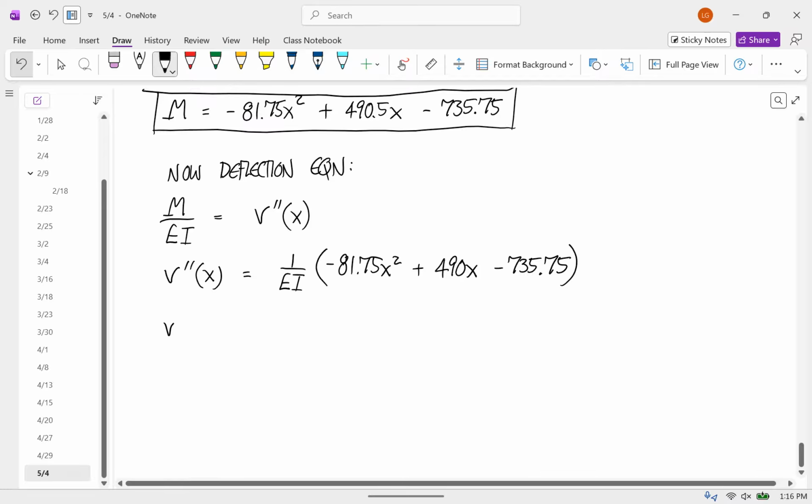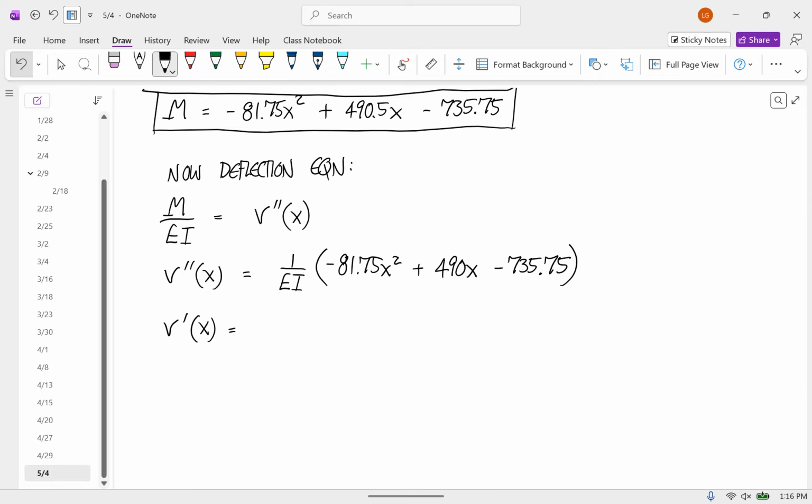And so v prime is equal to, I'm just going to integrate this thing. Is 1 over EI constant? Yep, that's just the Young's modulus of the material and the area moment of inertia of the shape.